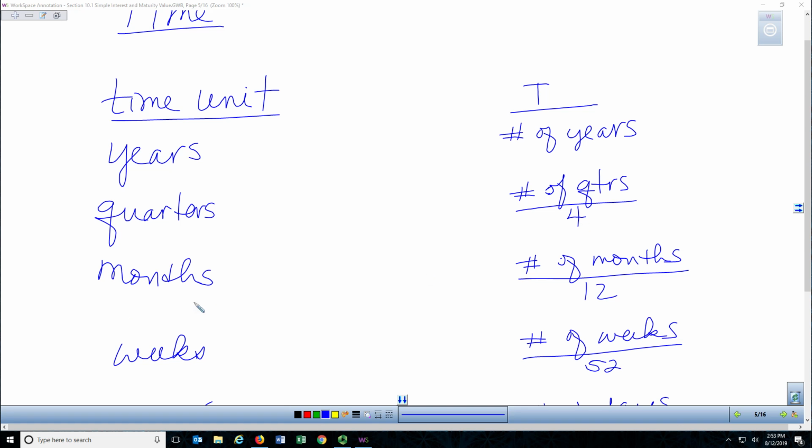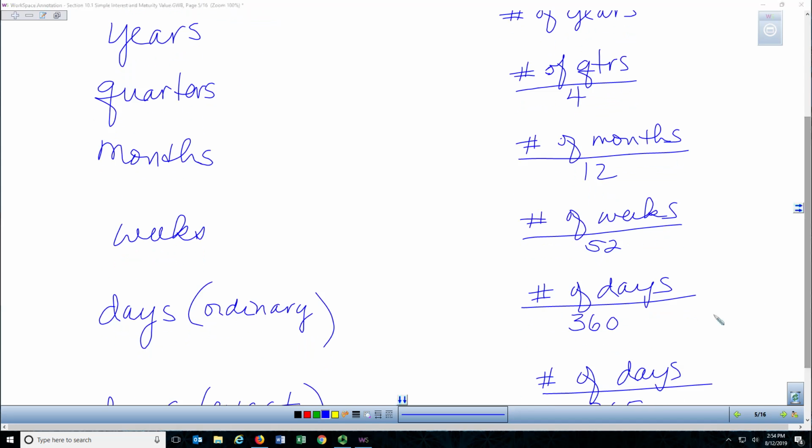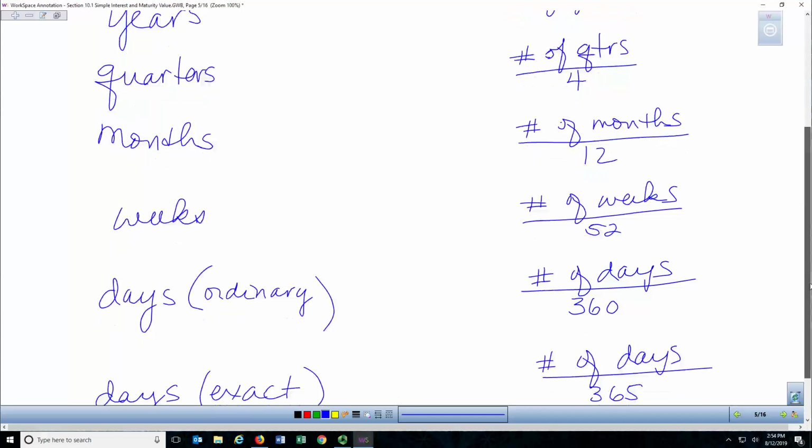If it's given in months, you take the number of months and put it over 12, because there are 12 months in a year. If it's given in weeks, you put the number of weeks over 52, since there are 52 weeks in a year.